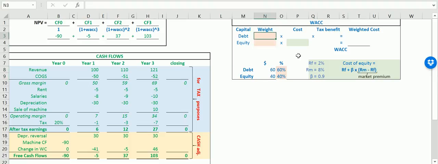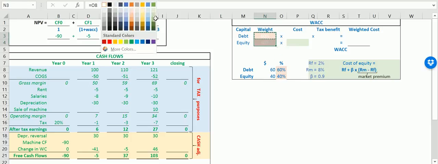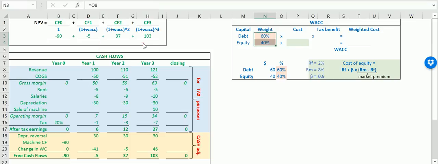So we're going to attribute those same weights to debt and equity. Okay. So now let's see what the costs of debt and equity are. So the cost of debt is just the cost that your bank will charge you. Let's assume it's 5%.